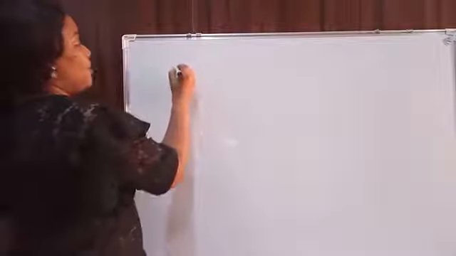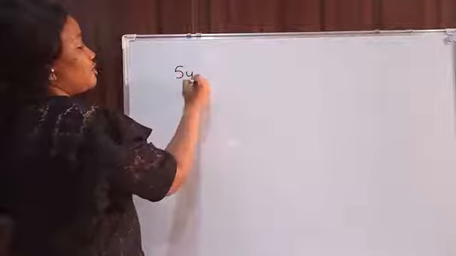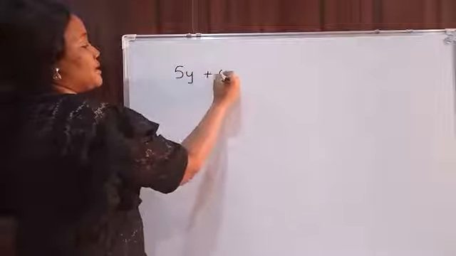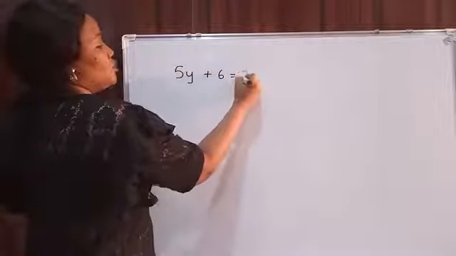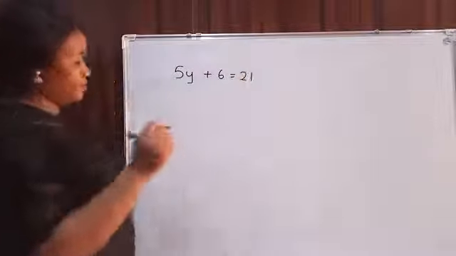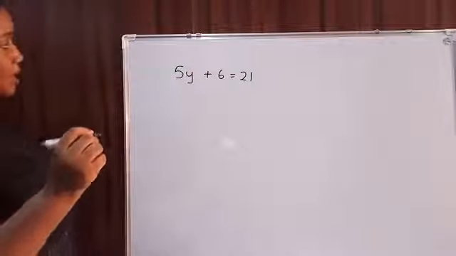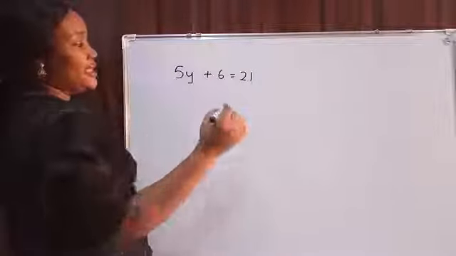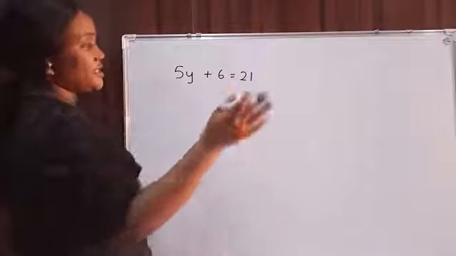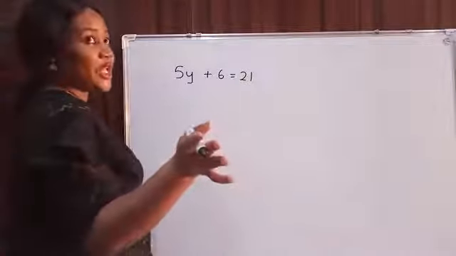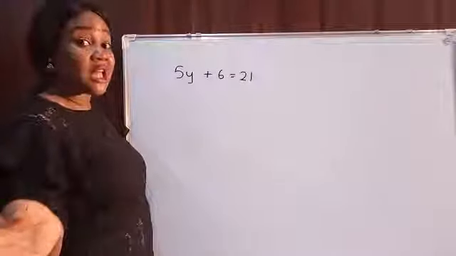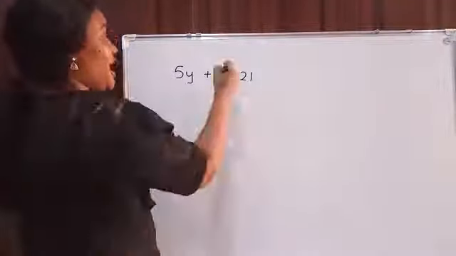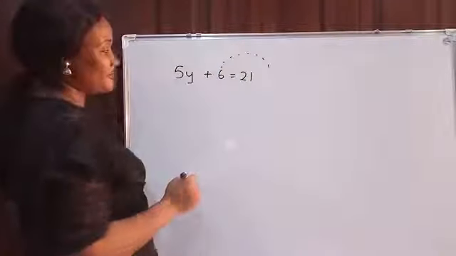5y plus 6 equals 21. As usual, collect like terms together. 6 and 21 are sisters or friends or whatever, and move them.